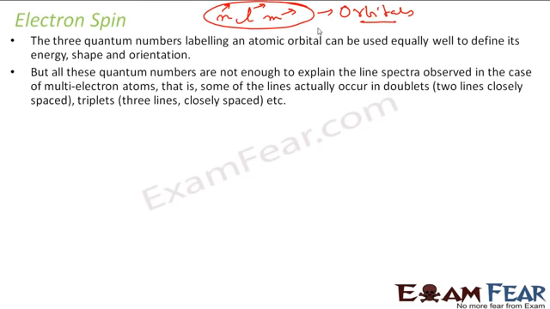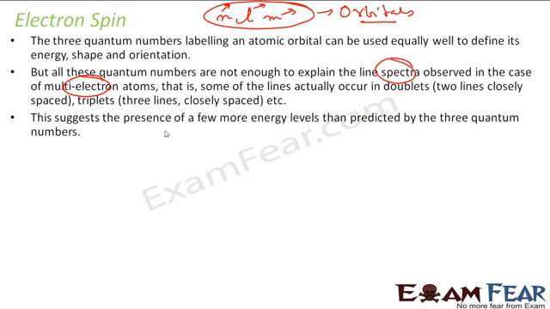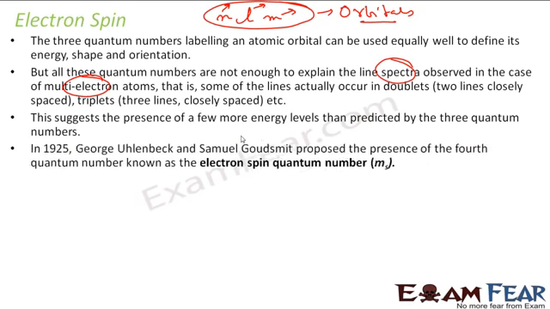the spin quantum number. All these quantum numbers are not enough to explain the line spectra observed in the case of multi-electron atoms. To find the exact electron we need a fourth attribute also.